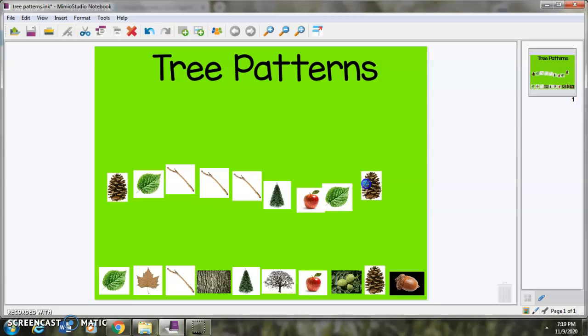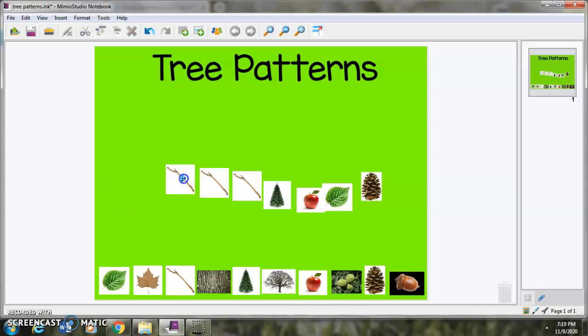Talk with your person that you're working with. Is this a pattern? So if you said no, this is not a pattern, then you are right. I was just putting pictures up there. They do not go in an order, do they? No, they do not.